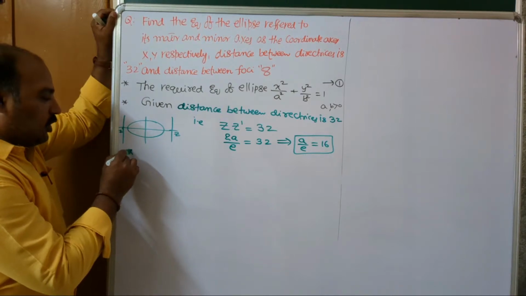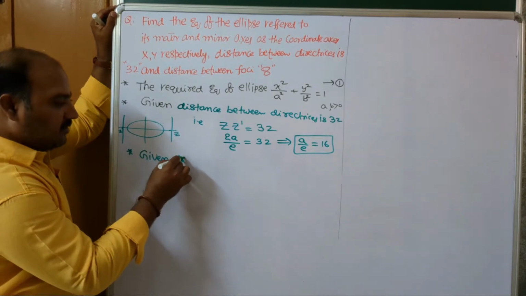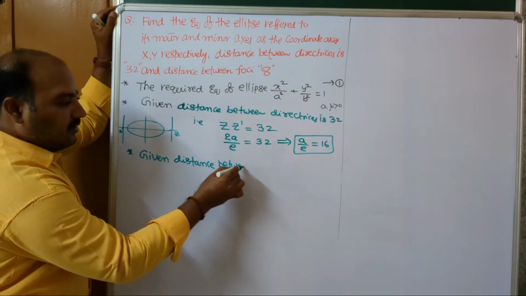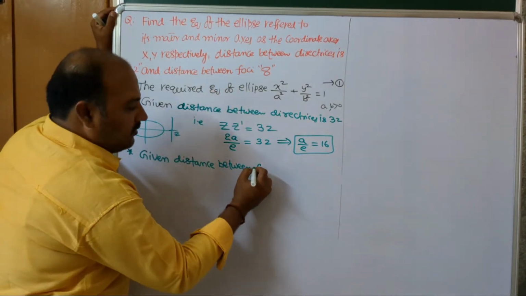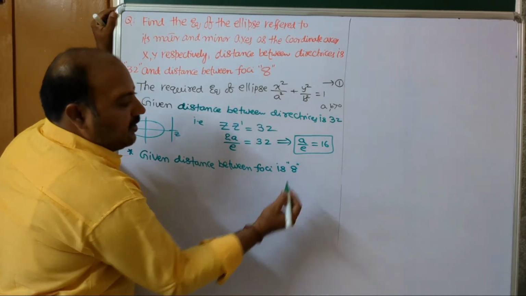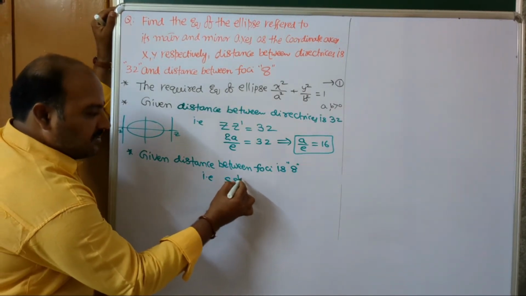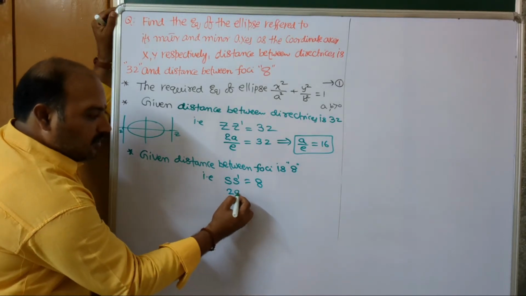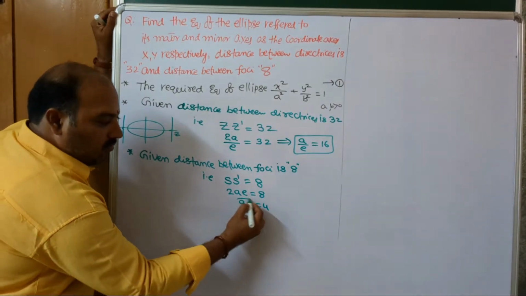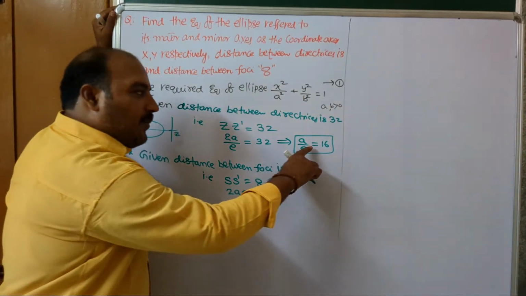Next, third point, given distance between foci is 8. That is SS dash equal to 8, 2ae equal to 8, ae equal to 4. ae equal to 4 and a by e equal to 16.